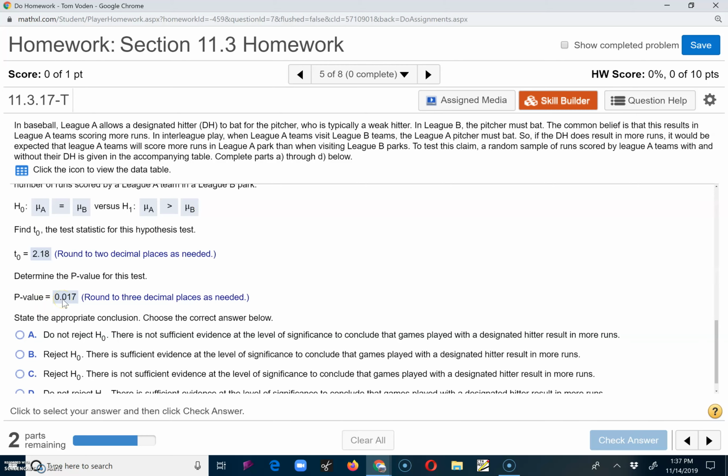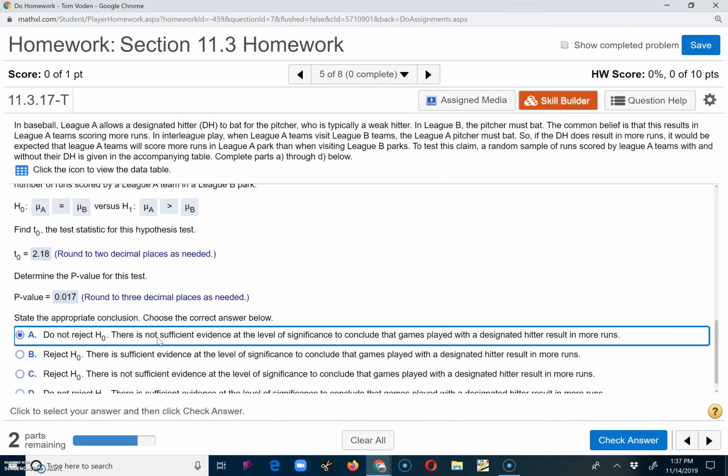So if the p-value is greater than alpha, the evidence is not significant in favor of the alternative, therefore we fail to reject the null. If, on the other hand, the p-value were less than alpha, we would say this is indeed significant evidence in favor of the alternative, and therefore we reject the null. In our case, 1.7% for the p-value, but 1% for alpha. So we do not reject H0 because there is not sufficient evidence.